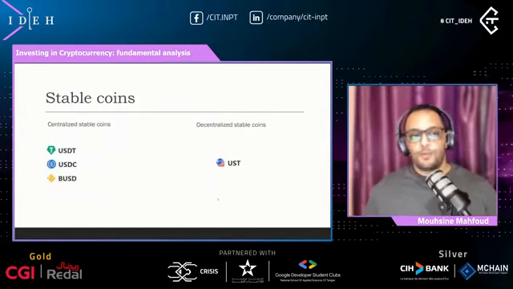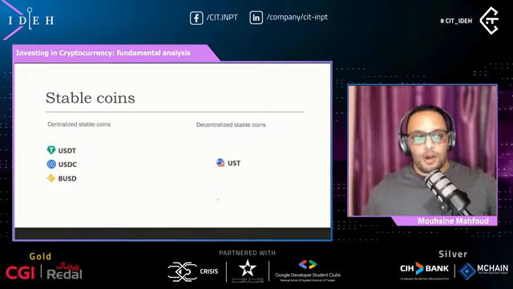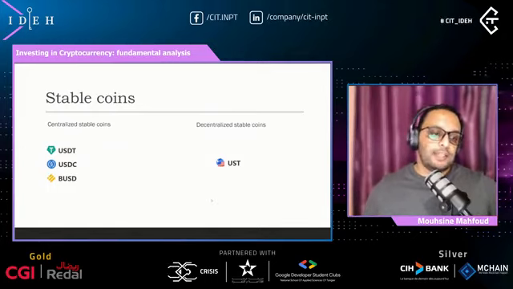But what people usually do when they want to approach investing in cryptocurrencies is get stable coins first. Well, they buy stable coins. We have two types. Stable coins which are centralized, I mean, they are backed by real companies. Let's take USDT for example.